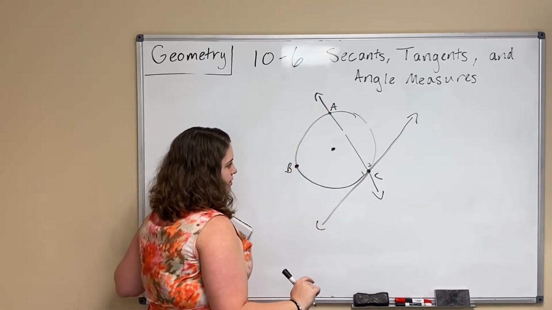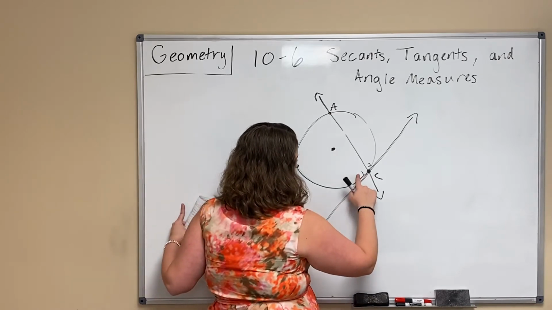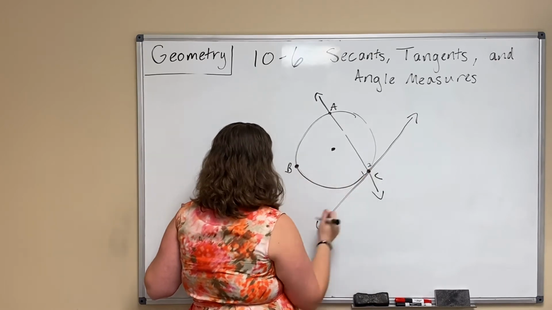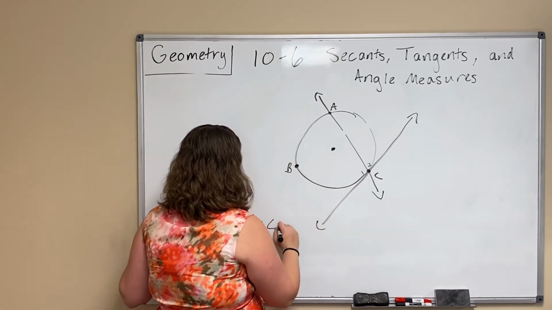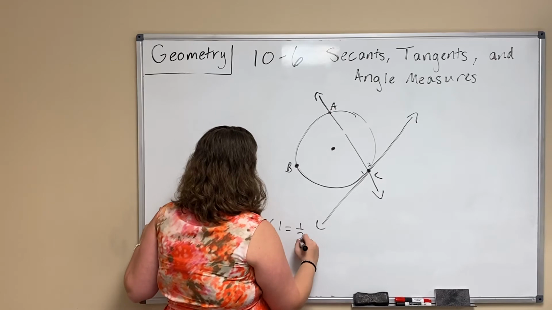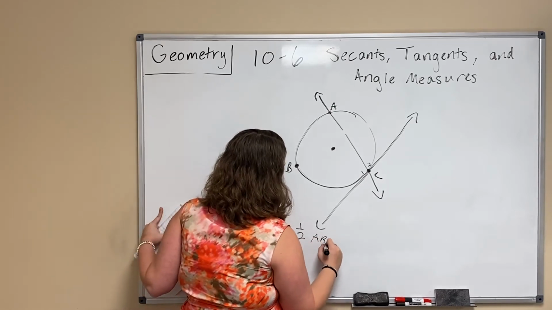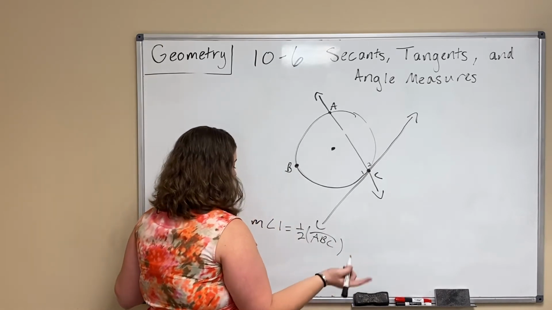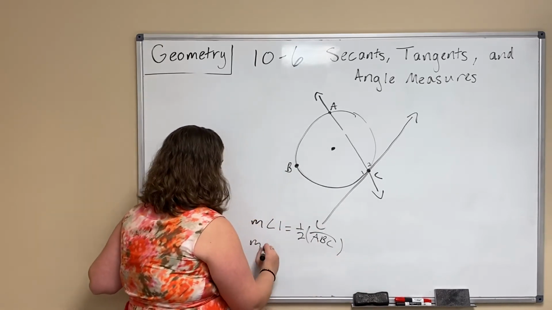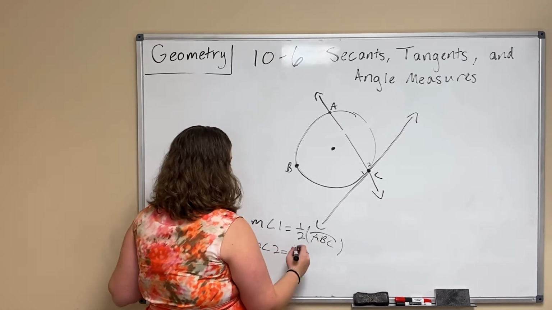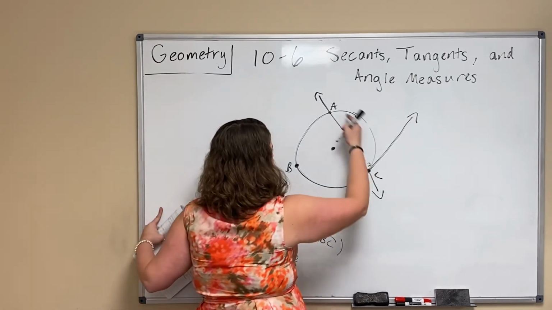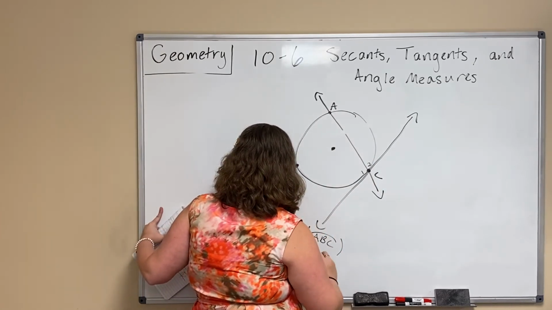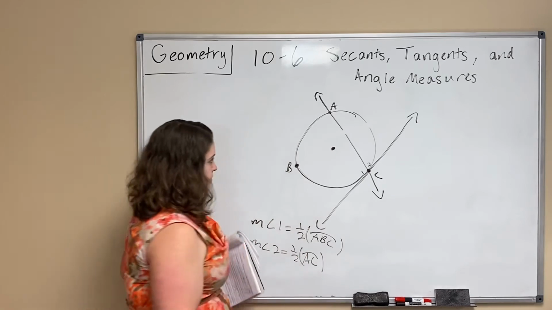So the measure of angle 1 equals half of this arc, ABC. If I wanted to find angle 2 instead, then I'm going to do 1/2 this arc, its own intercepted arc. We'll just call that one AC.